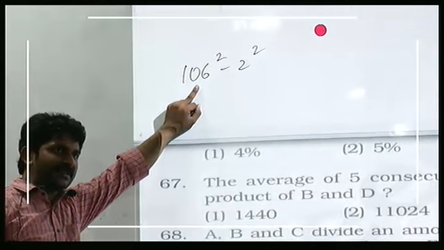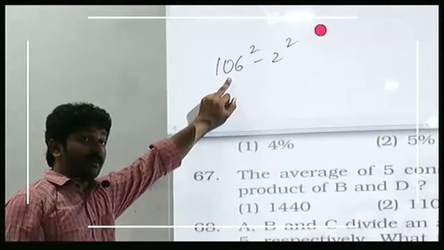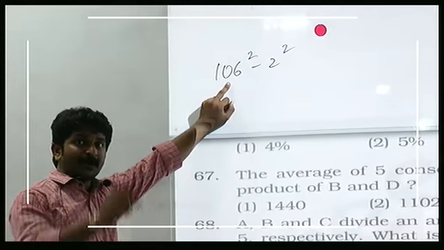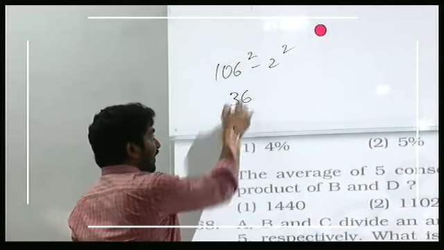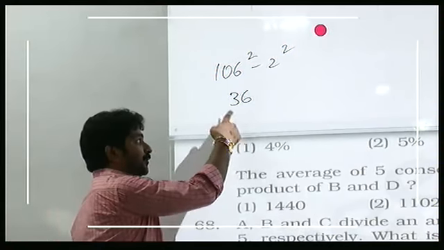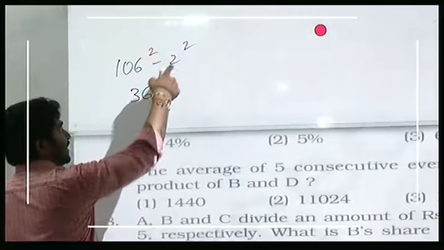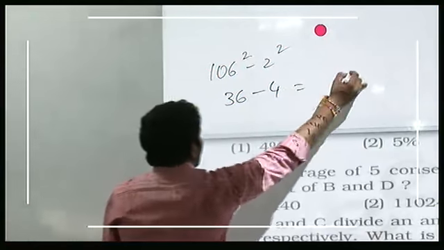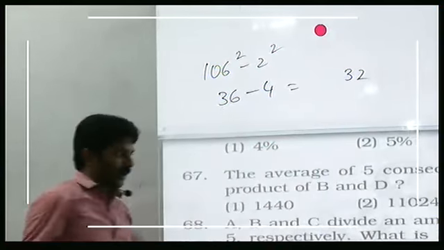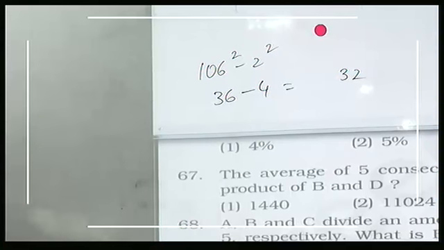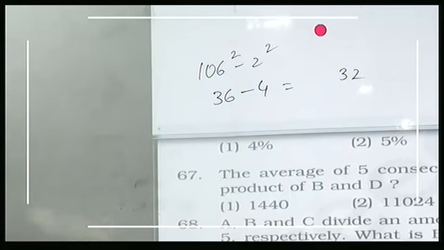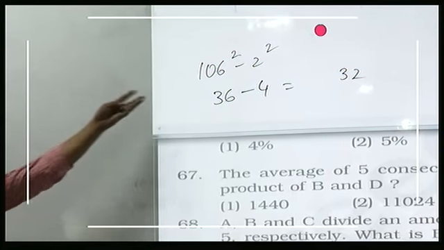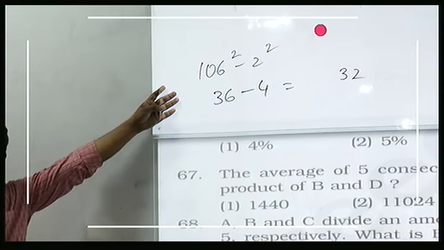I think last week we discussed squares. How much more than 100 is this? So the last 2 digits will be 36, right? Last 2 digits 36, and from this number you need to subtract 4. So your answer should end with 32, and there is only one option, the fourth option. You need not calculate 106 whole square also.